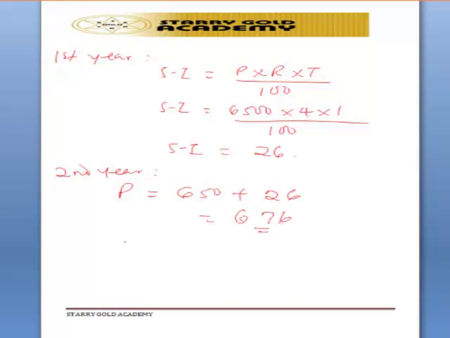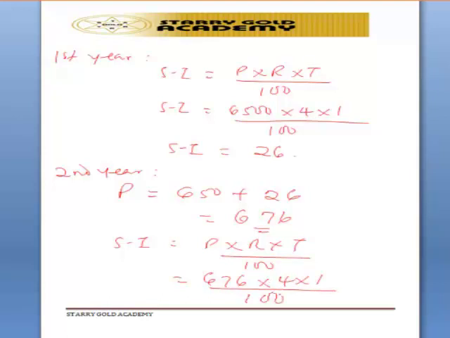This is our new principal. So simple interest will now give us P times R times T over 100, and this will give us 676 times 4 times 1 over 100. That is 27.04. That's simple interest for year 2.